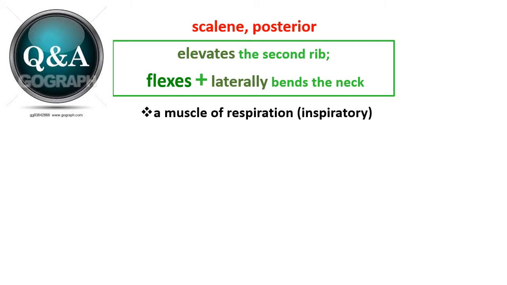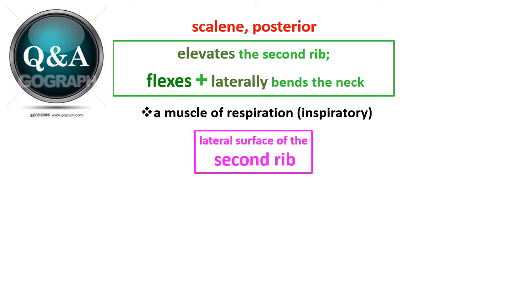When it is attached to the second rib, it is a muscle of respiration, the inspiratory phase, when the neck is fixed, and it goes down to the lateral surface of the second rib, not like the other two on the first rib.